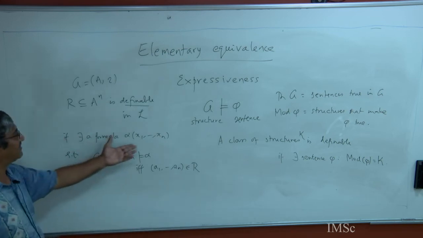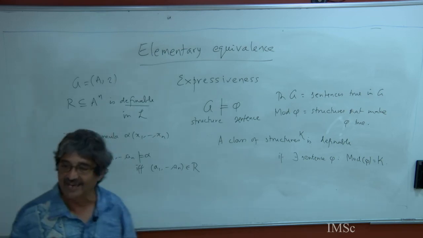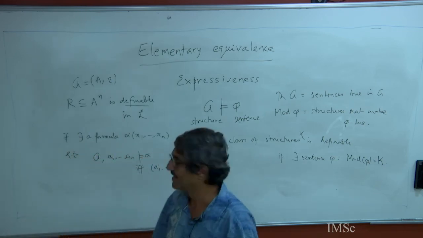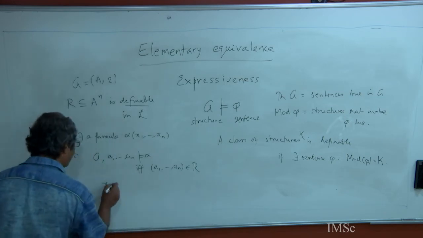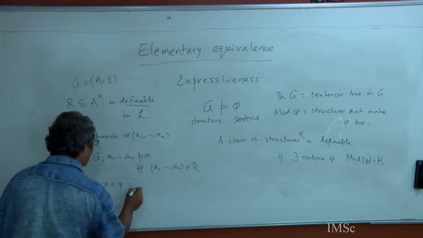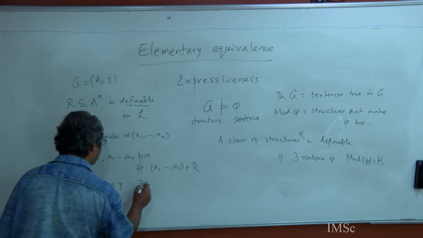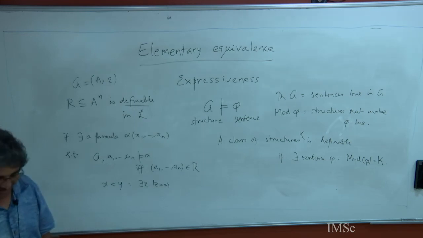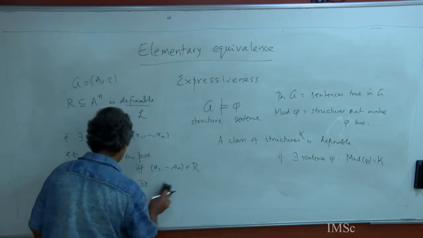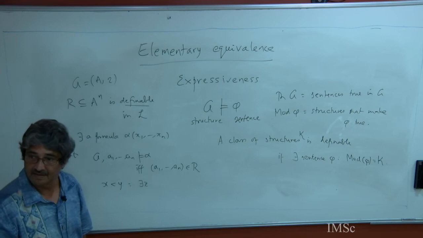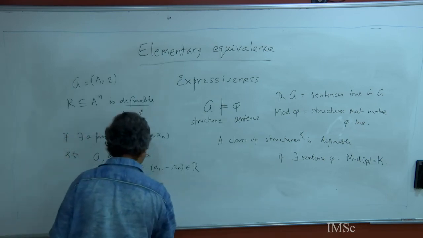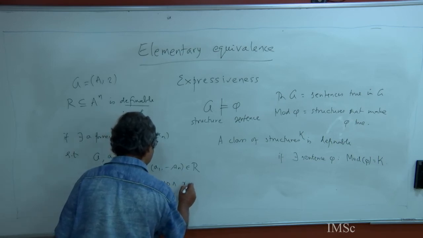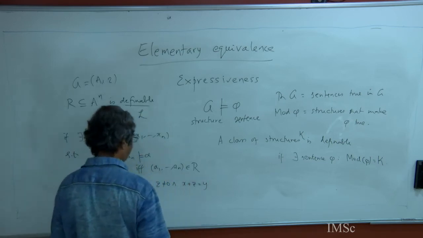Similarly, I want to say ordering is definable in arithmetic where you have addition. For x less than y, I write the formula: there exists z, z not equal to 0 and x plus z equals y.